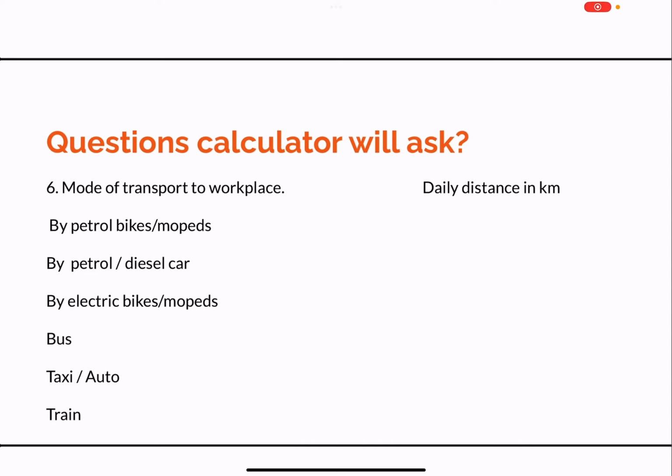Okay, all this information we would be requiring. So the calculator should ask what is the mode of transport. Not only that, what is the distance which she or he travels per day. Okay, so once the user puts in that information, the calculator will do the carbon footprint calculations.